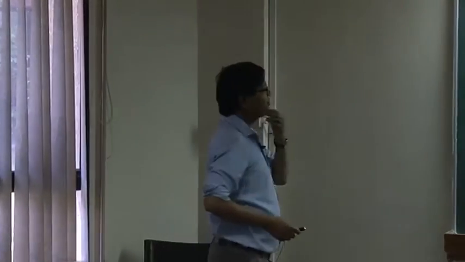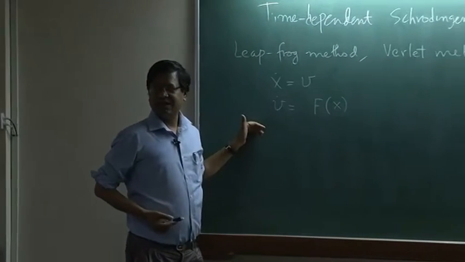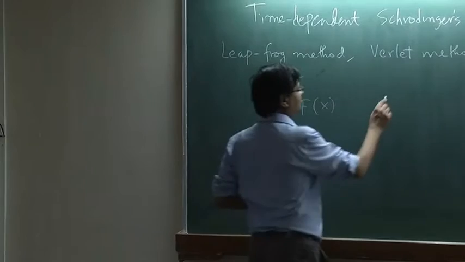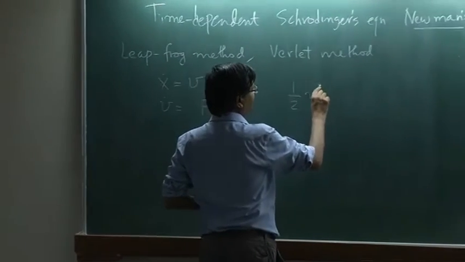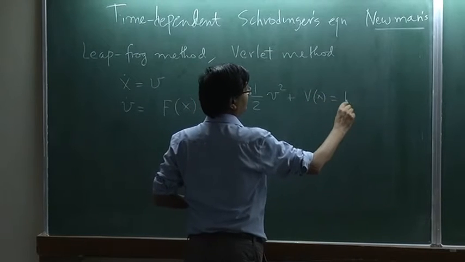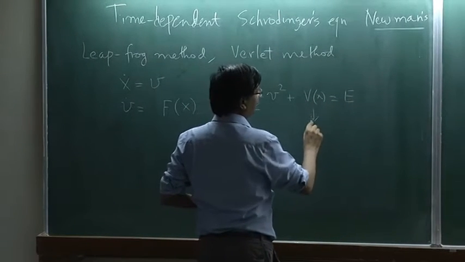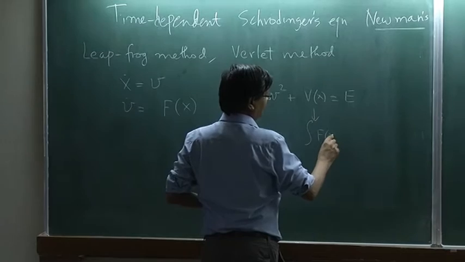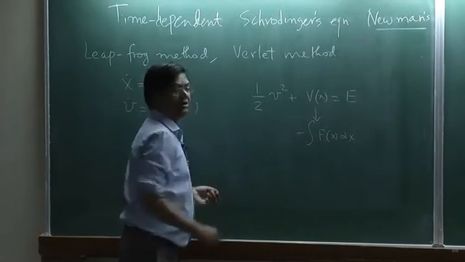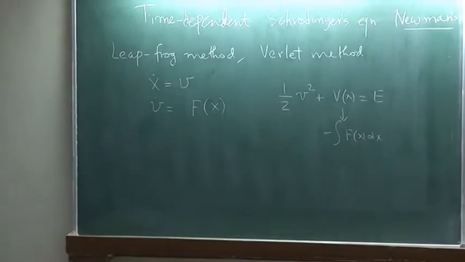Now these systems are Hamiltonian systems and they conserve total energy. So total energy is half v squared, because mass is 1, plus V of x, where the potential is the integral of f(x) dx. You also know that these are time reversal symmetric.